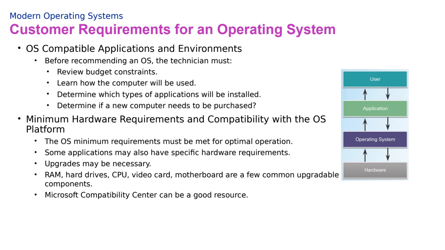So what are the customer requirements for an operating system? You need to make sure that your application works. If I have, let's say, an accounting application, I purchased for 100,000 dirham to run my accounts, and then I want to use an operating system like Linux. The problem is Linux is not compatible with my package, so I have to be careful, okay, before I upgrade or change my operating system.